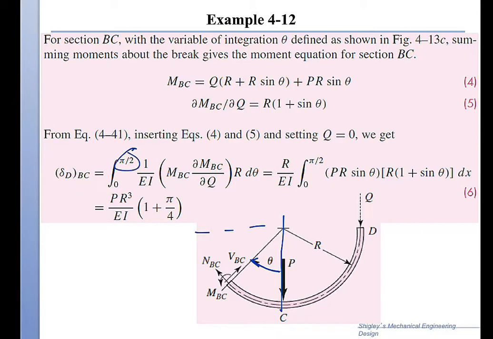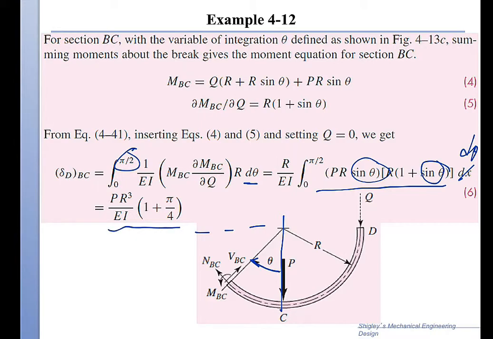So it'd be from 0 to pi over 2. And finalize the integration. You get a sine times sine. This is sine squared, and we're integrating over theta. So this should be d theta here. And when we integrate over theta, then the final result is shown here.